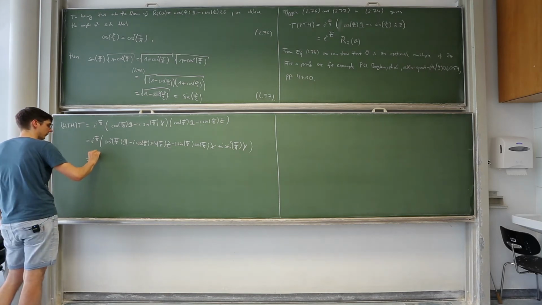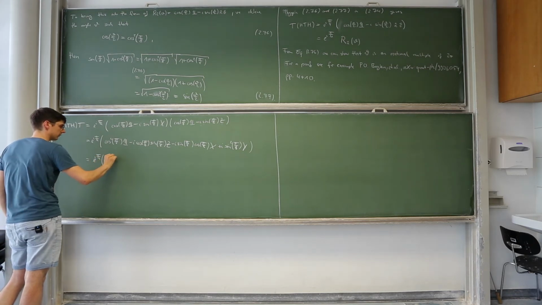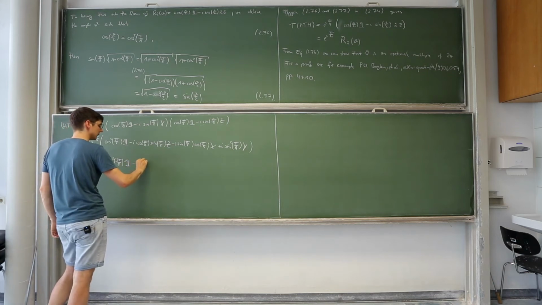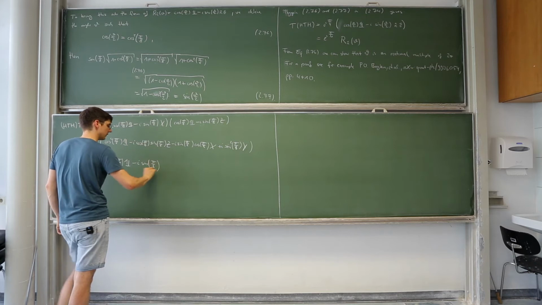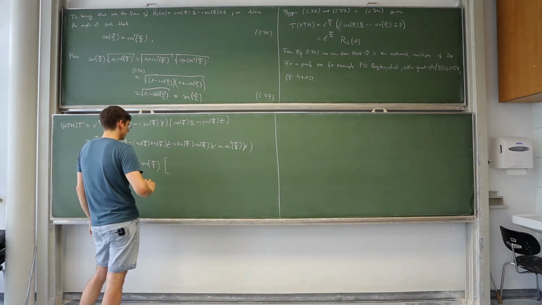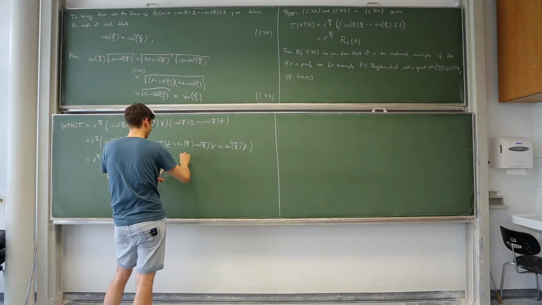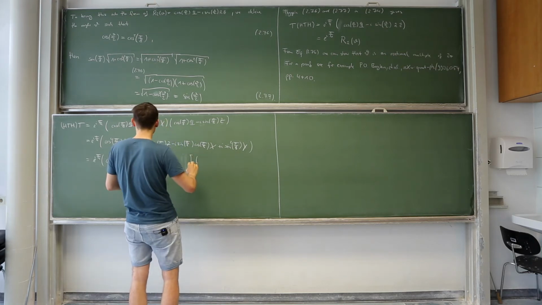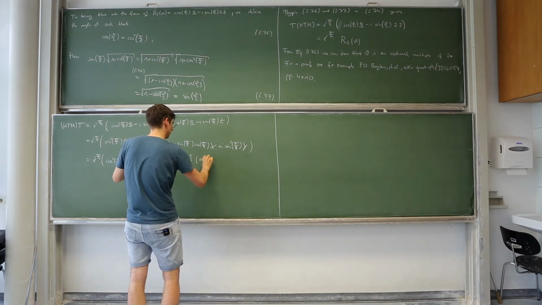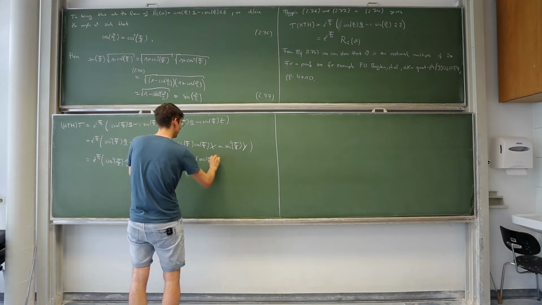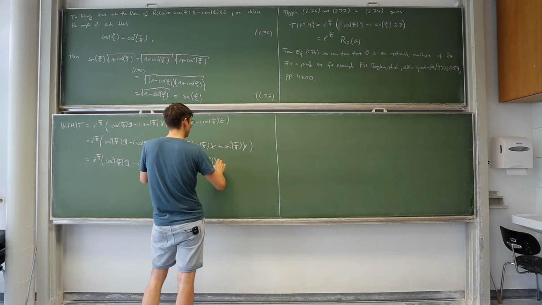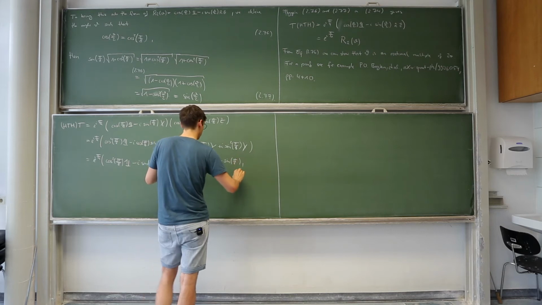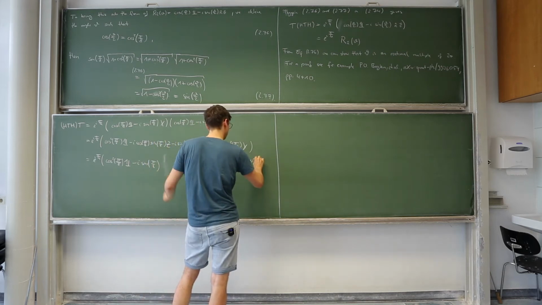So we have the first term remains, and then minus I sinus pi over 8 times, let me go here, this vector. So we have then cosinus pi over 8, this is here, and then for y we have minus sinus pi over 8, and for z we have cosinus pi over 8.